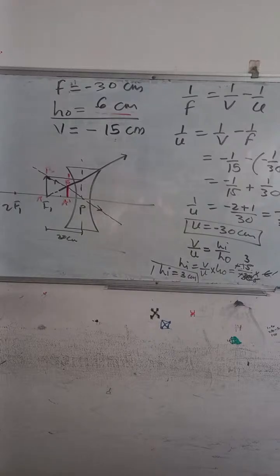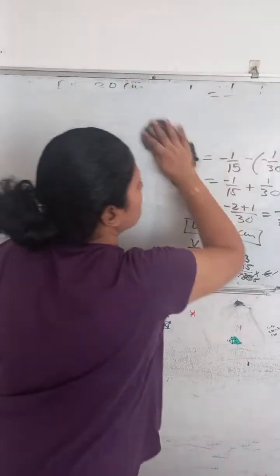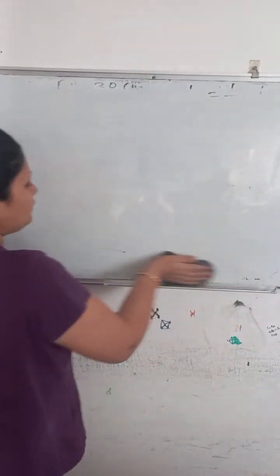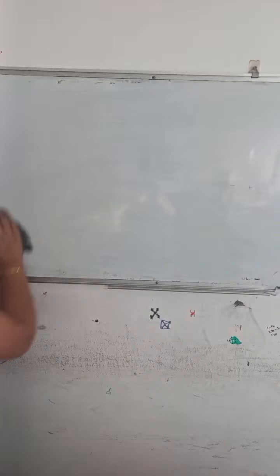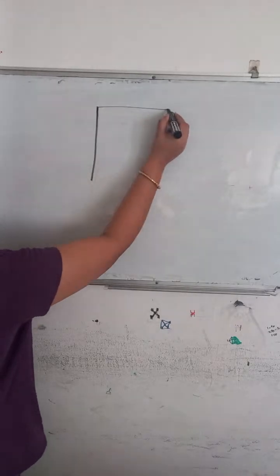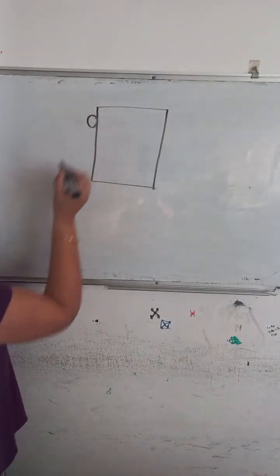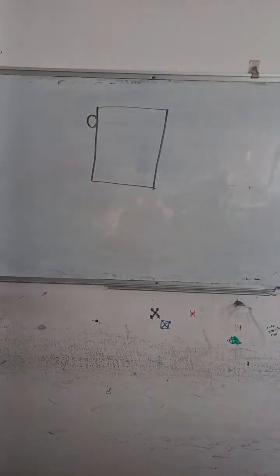Second is a convex lens. Next option is a concave lens.